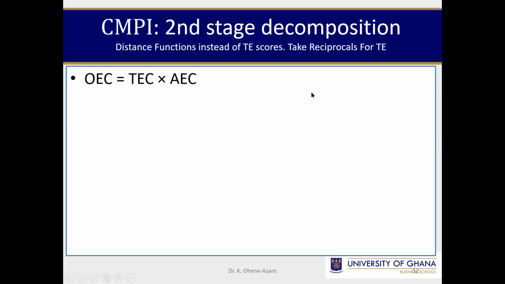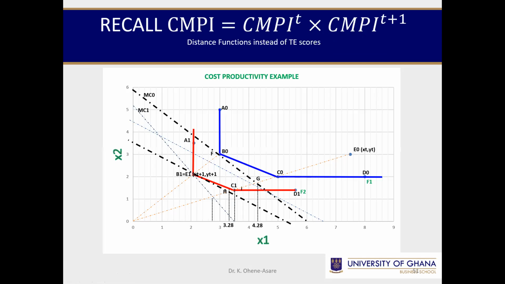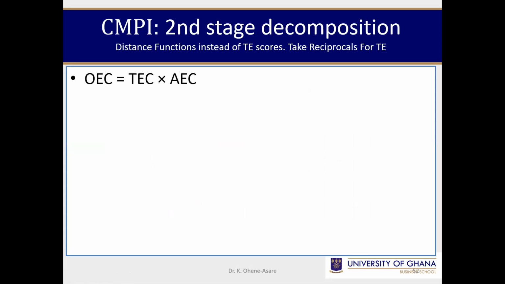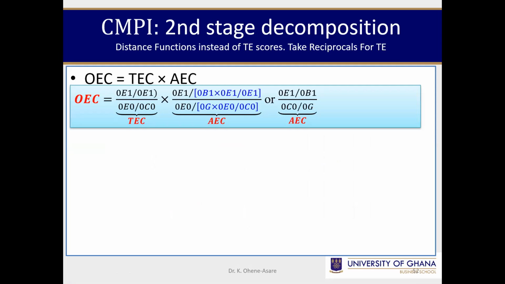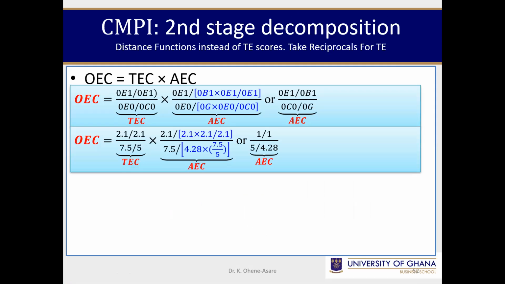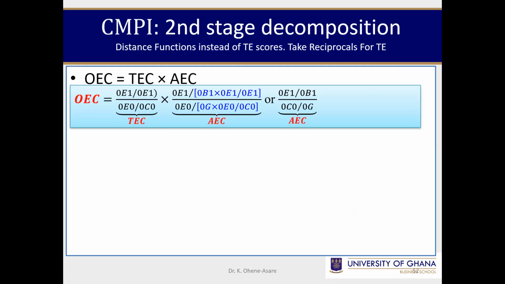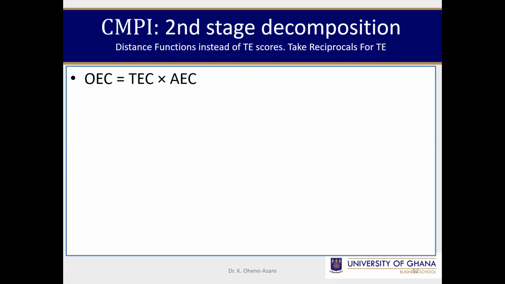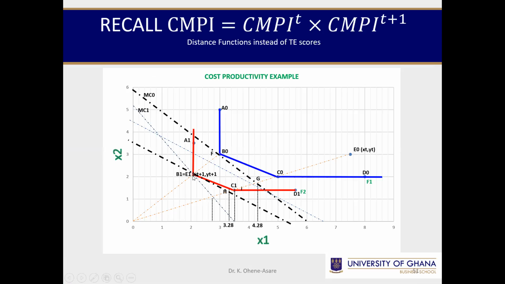Let's go to the graph and let me show you something. OE1, this is OE1. And the other one is what? OE1 over OB1. So that would be kind of 1 over 1. Isn't it? Oh sorry, I said it is the gap between the cost boundary and the production boundary.